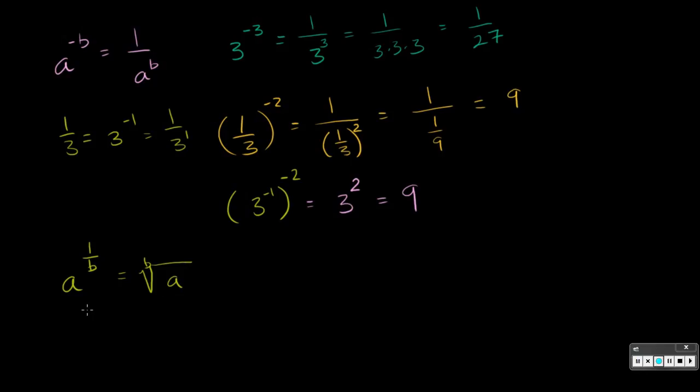Let me be very clear here. Let me make it with some numbers. If I said 4 to the 1/2 power, this is equivalent to the square root of 4, which, if we're taking the principal root, is equal to 2.